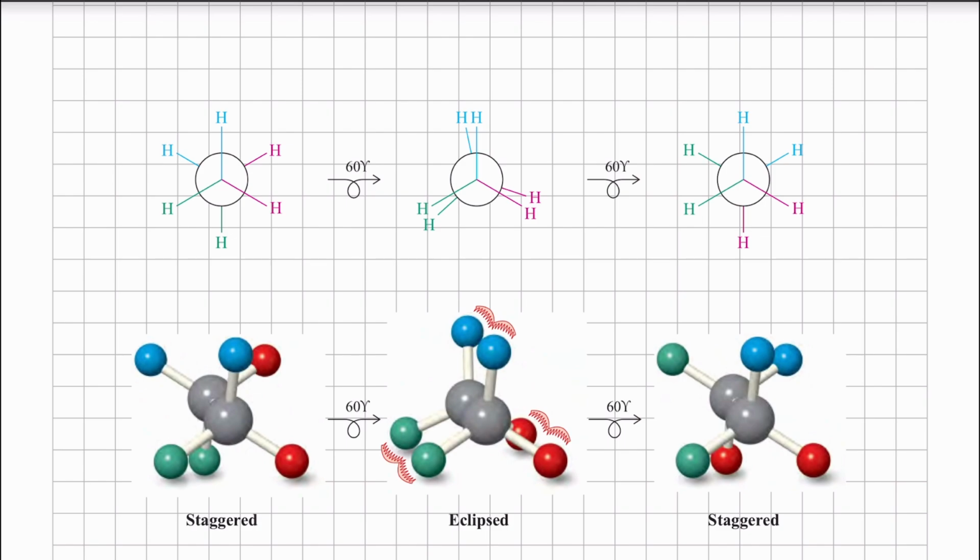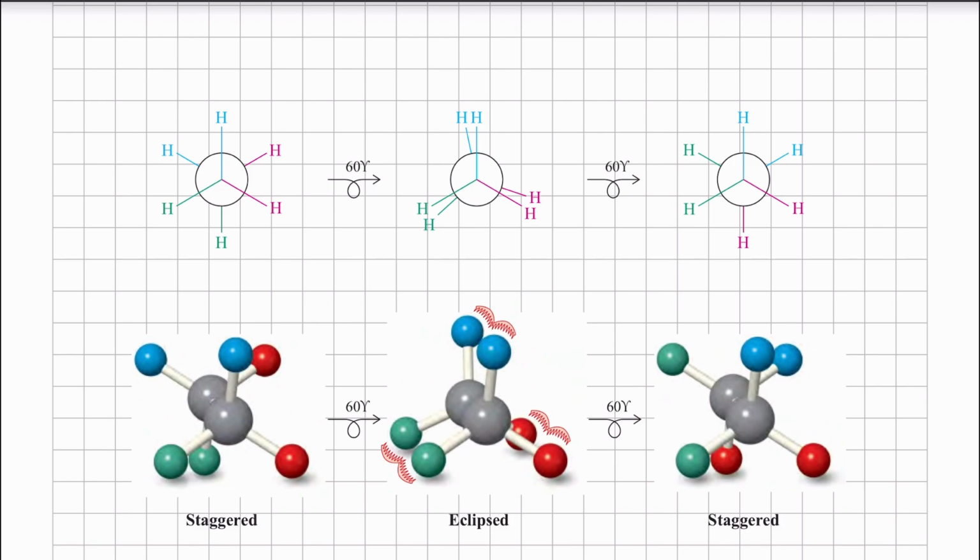I mean, both staggered and eclipsed conformations exist. But because the eclipsed conformation is not really favorable or stable, it tends to convert to staggered conformation as soon as possible.